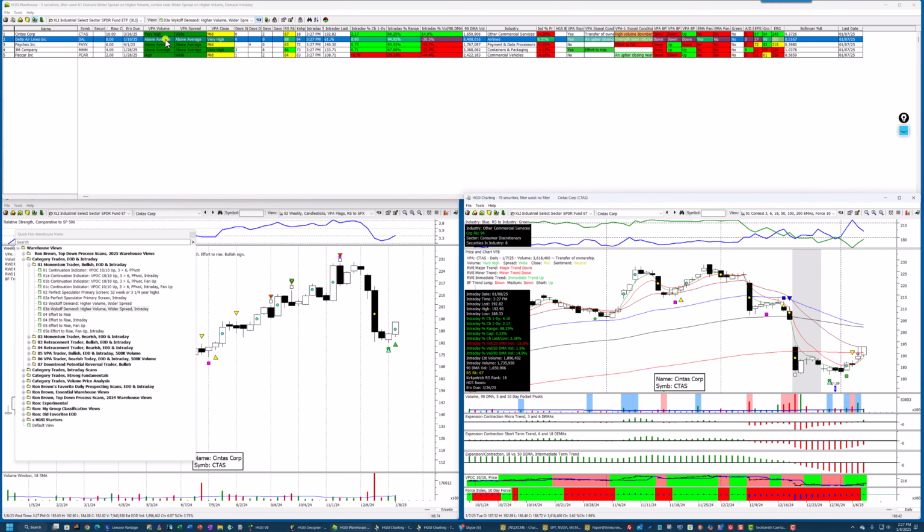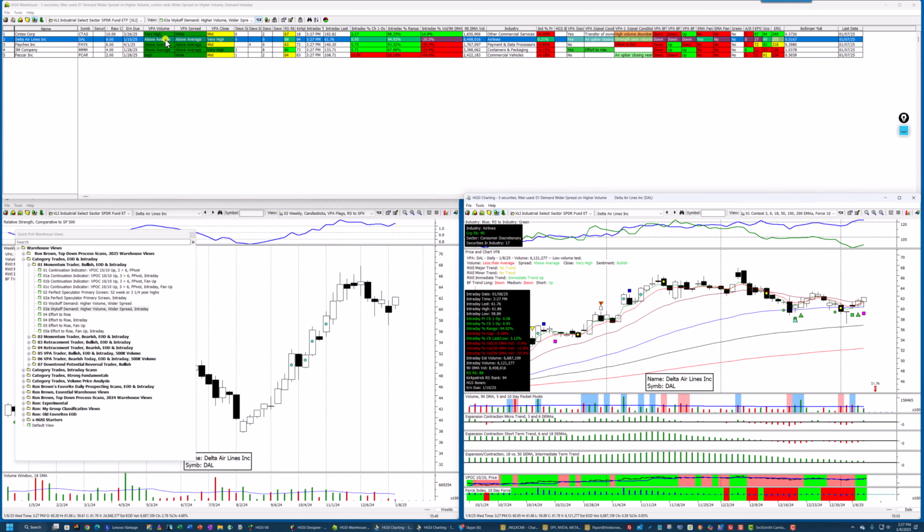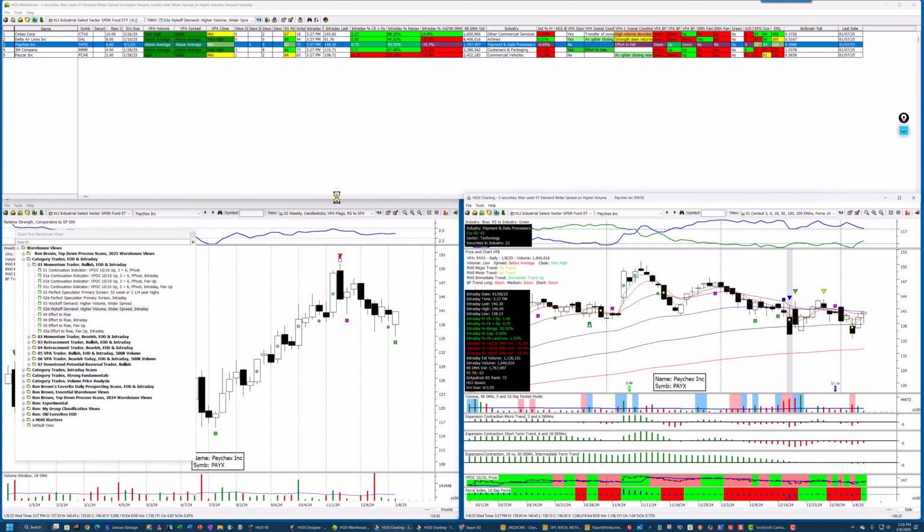Here's Delta Airlines. So clicking on yesterday, above average, you can see that this is up here. And this one looks like it's setting up nicely too with 3 VPA flags. Paycheck, above average.